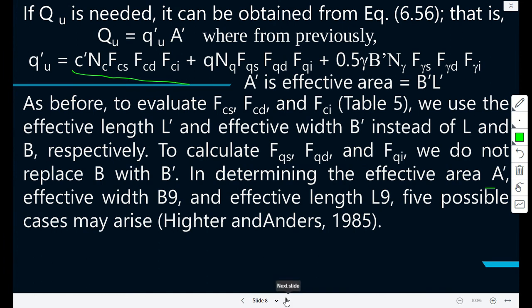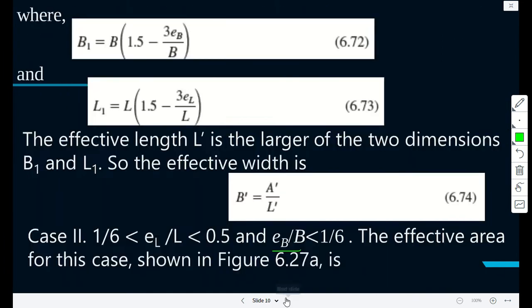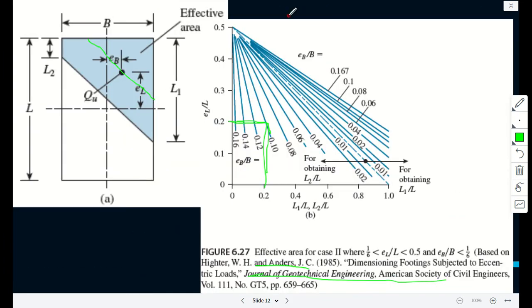Unless we're not reading the right thing. 0.85. 0.01 is this one. Okay. 0.01 is somewhere. EB over B, let's see.